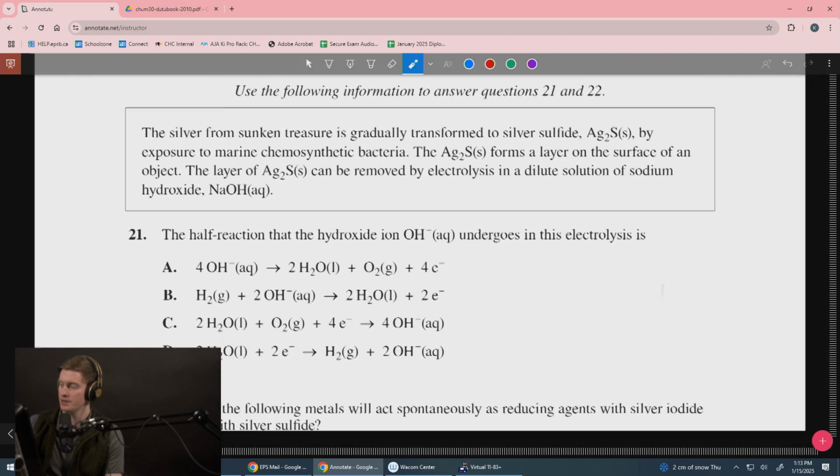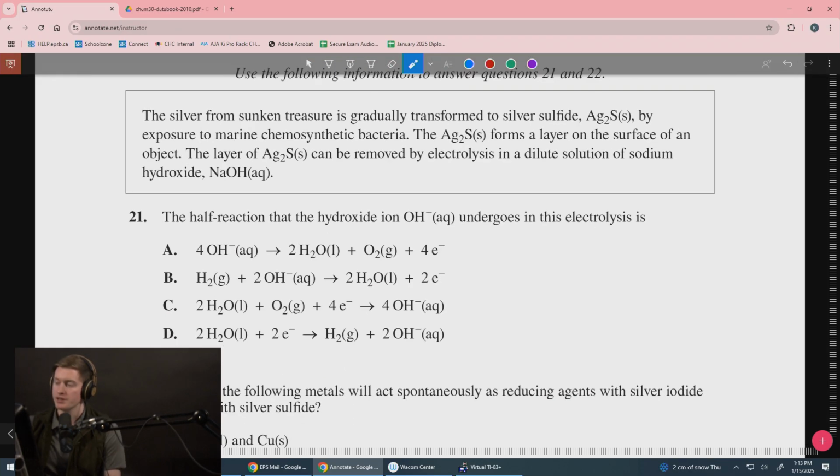Moving down. The silver from sunken treasure is gradually transformed to silver sulfide by exposure to marine chemosynthetic bacteria. The silver sulfide forms a layer on the surface of an object. The layer of silver sulfide can be removed by electrolysis in a dilute solution of sodium hydroxide or NaOH. All right, something I want to point out here.